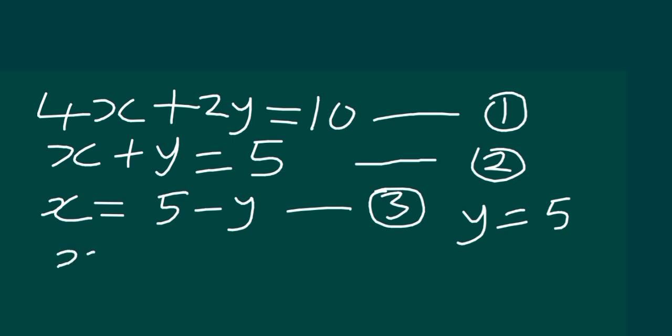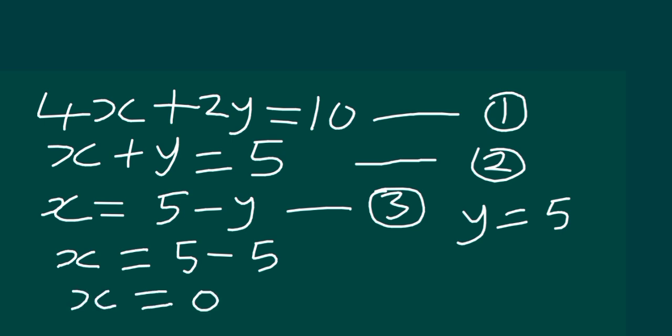Therefore, our x is equal to 5 minus 5, which means that x is equal to 0, and therefore y is equal to 5 and x is equal to 0, and this is the solution of our simultaneous equation.